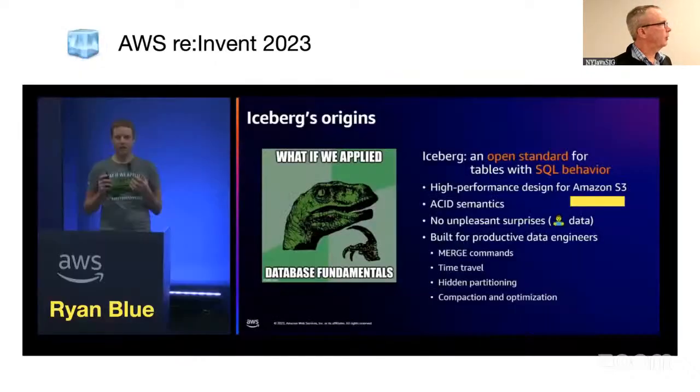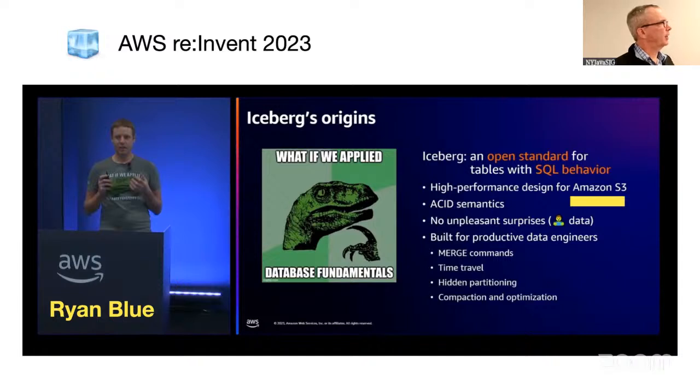So a year ago at reInvent, this was last December, one of the co-creators of Iceberg, Ryan Blue, gave a talk about the origins of it. They were trying to fix some issues that they were having with Hive, like the Hive Metastore and so forth.